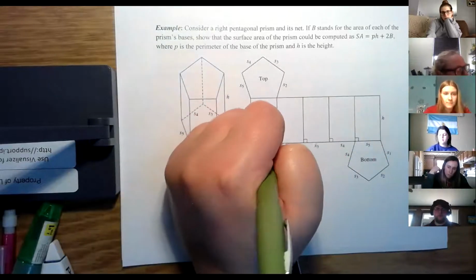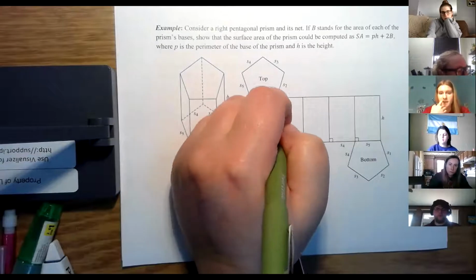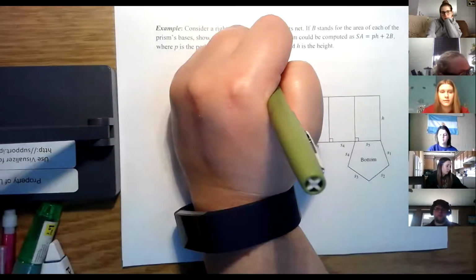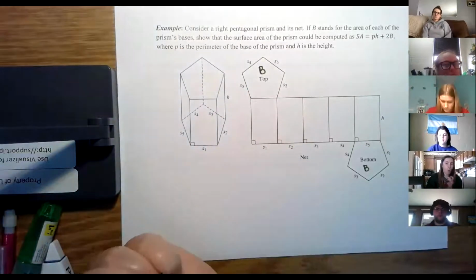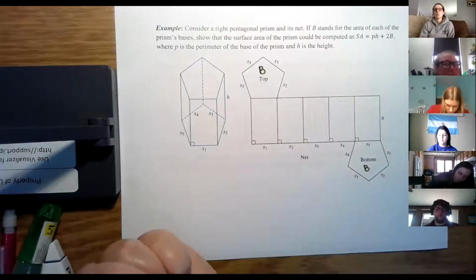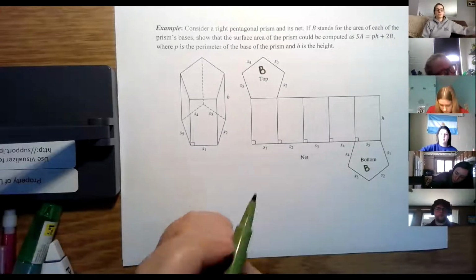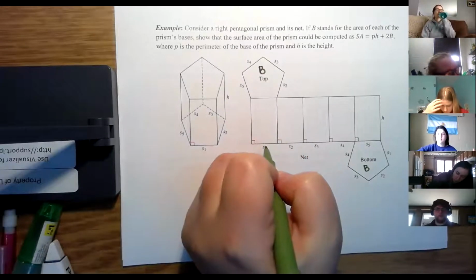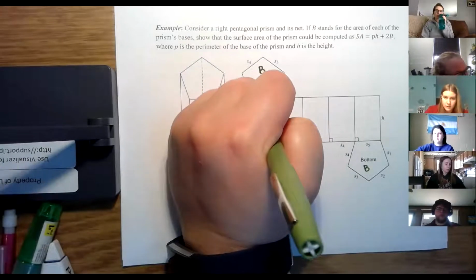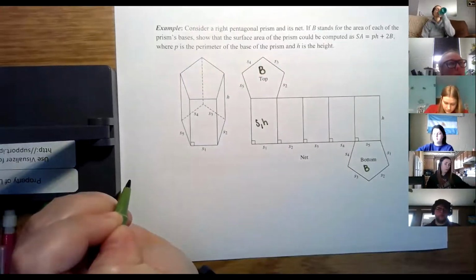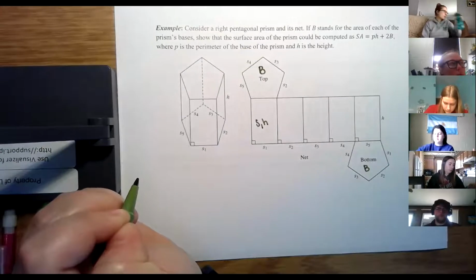So if this was side 1, and this base is the top and bottom, right, so this would have an area of B, and this has an area of B, right? That's what they just decided. Now, this one would be S1 times H, the area of that rectangle, right?